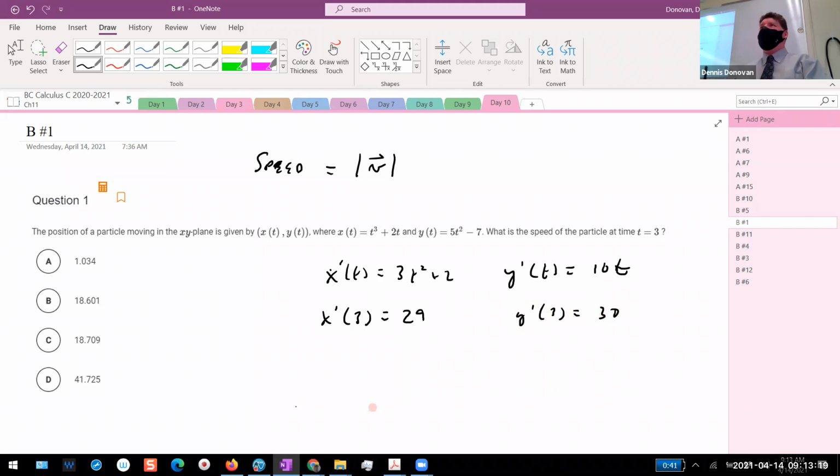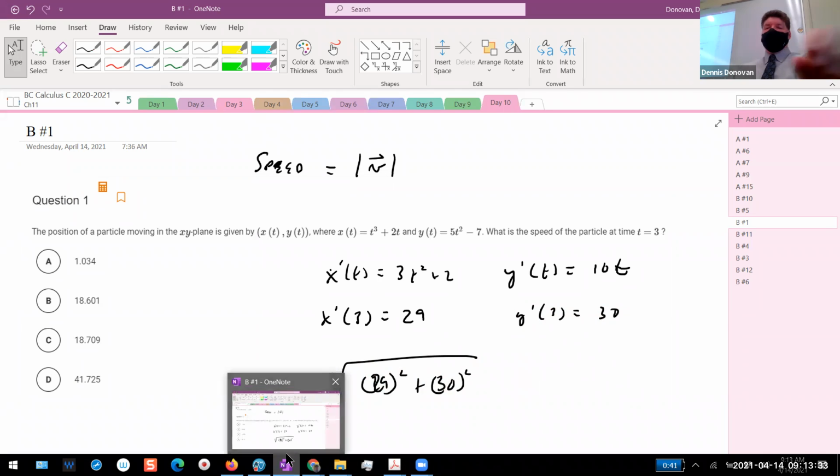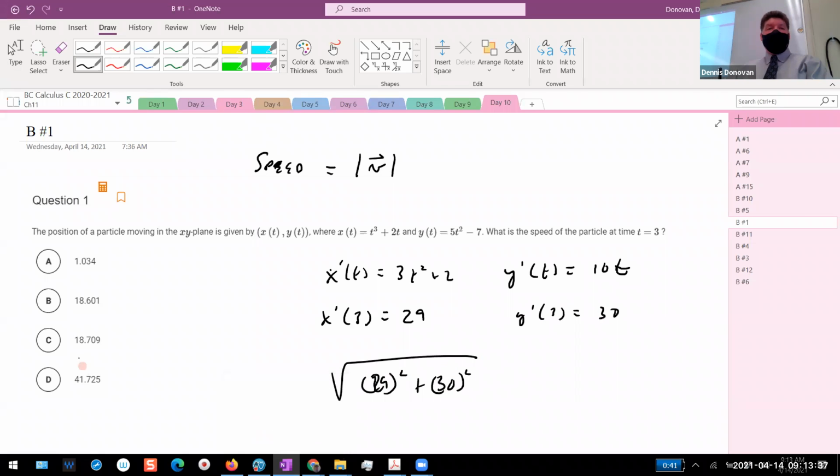Everybody agree with those? So the speed is the square root of the sum of those squared, right? Which comes out to, I think you can handle typing that in your calculator.